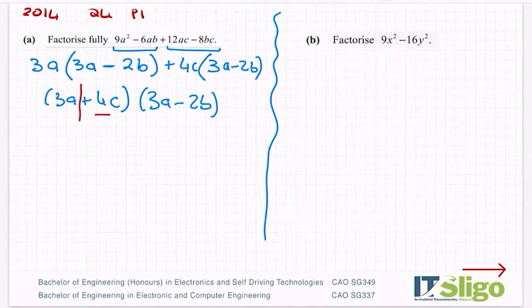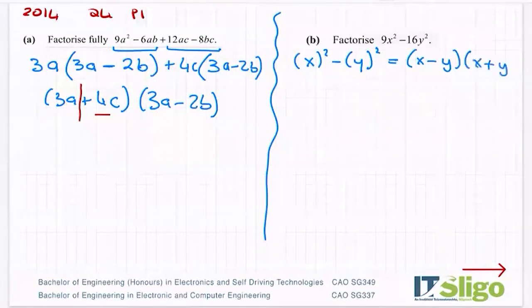Okay, and then there's a formula. Okay, and each book writes it out slightly different, but what you'd have is x squared minus y squared is equal to x minus y, x plus y. Okay, so that's the formula for the difference of two squares.